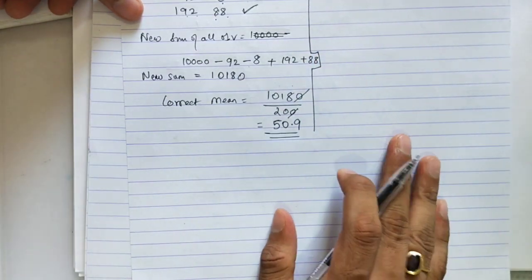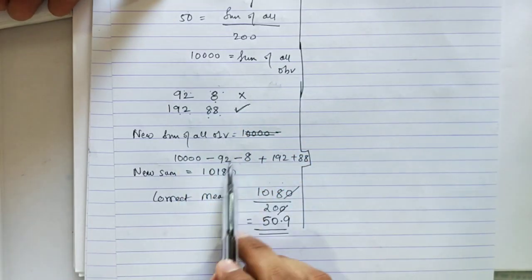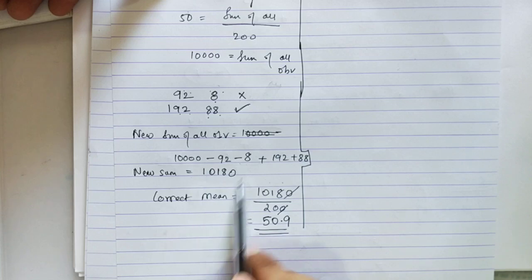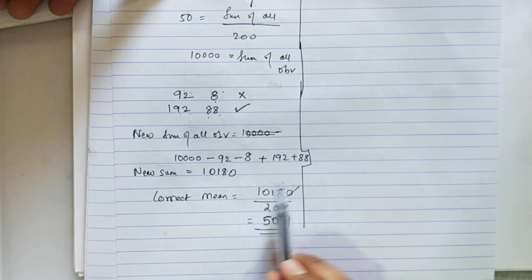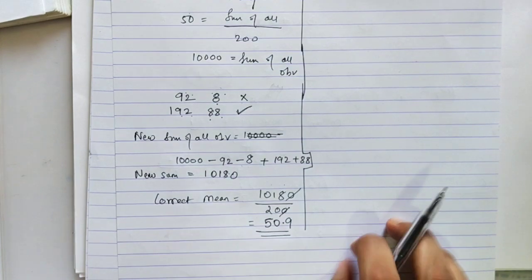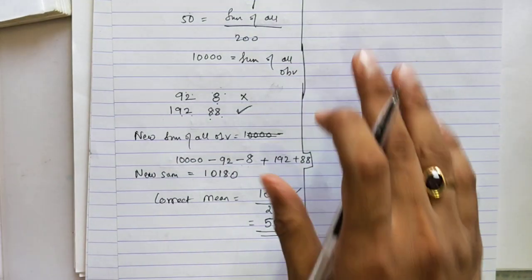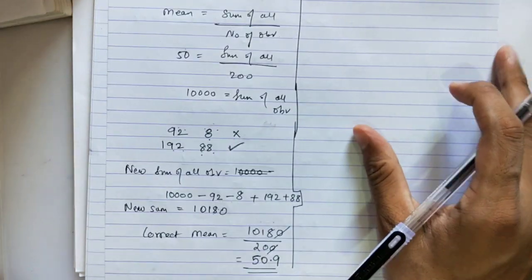This is the correct mean. The steps remain the same: first find the total, then subtract the wrong values, add the right values, you get the new total, and now find the mean again. This was question number 11.